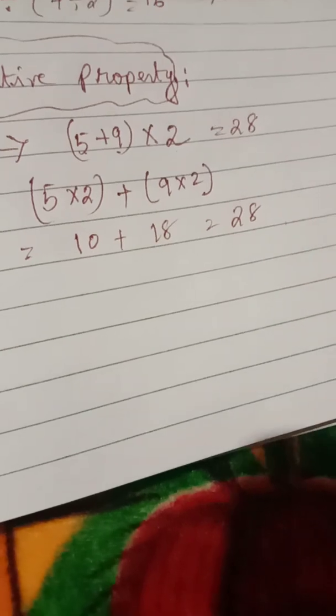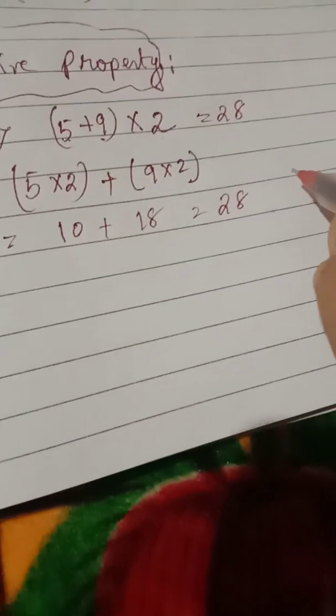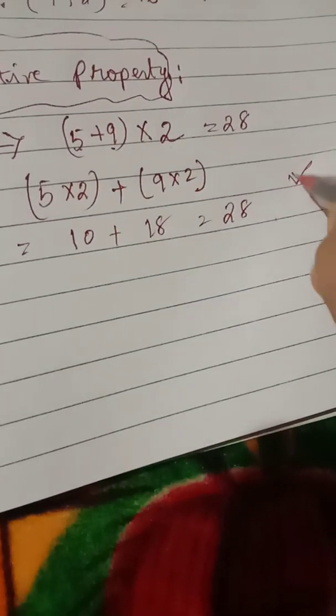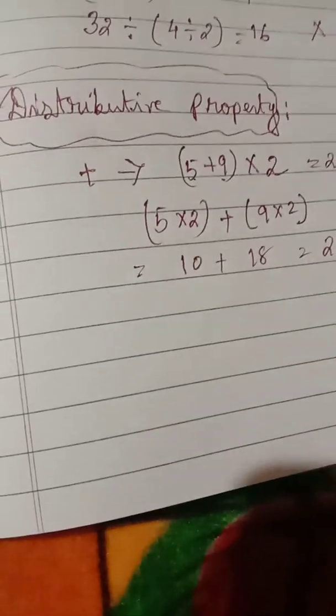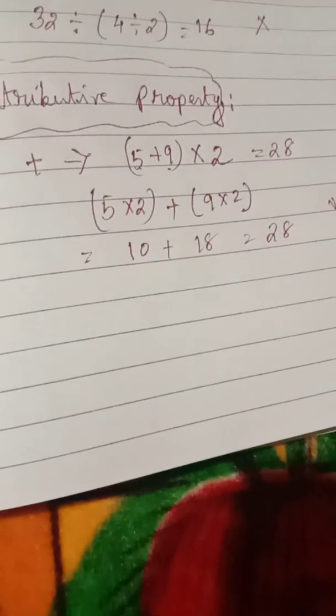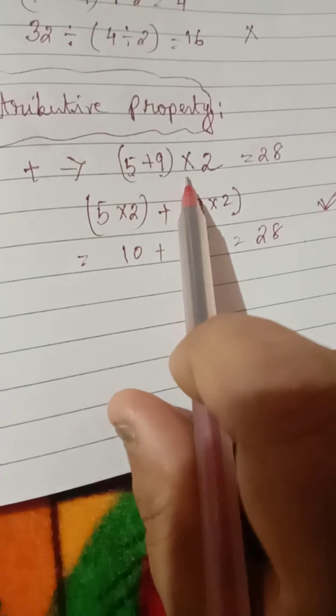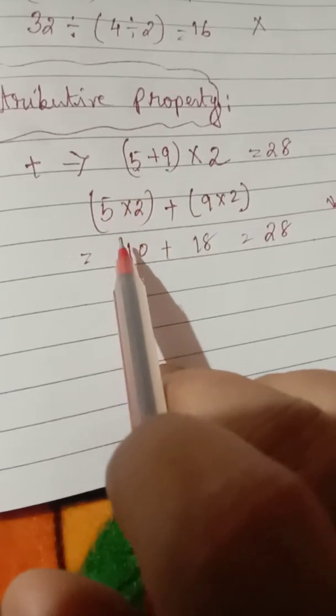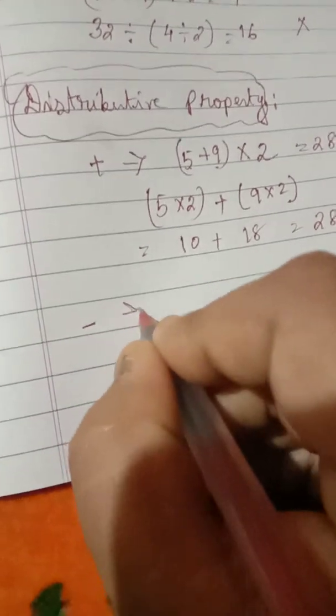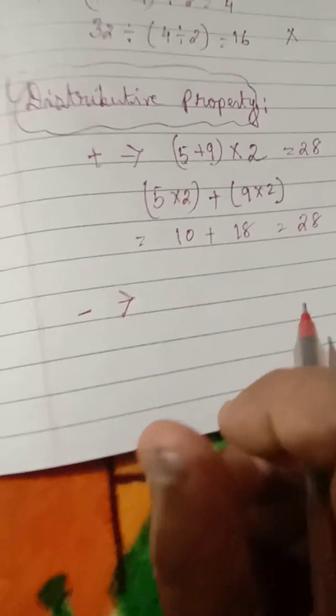Both the answers are the same. That means this property is applicable for addition. Which property? Distributive property. That means we can distribute the multiplication over addition. Is it applicable for subtraction or not?